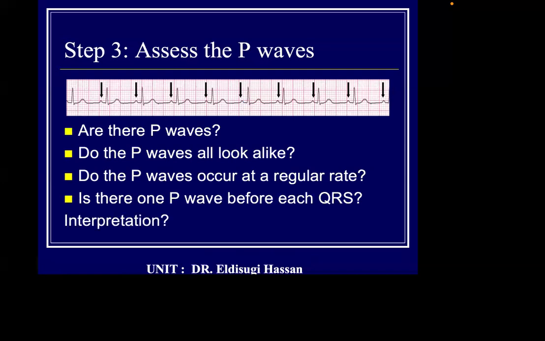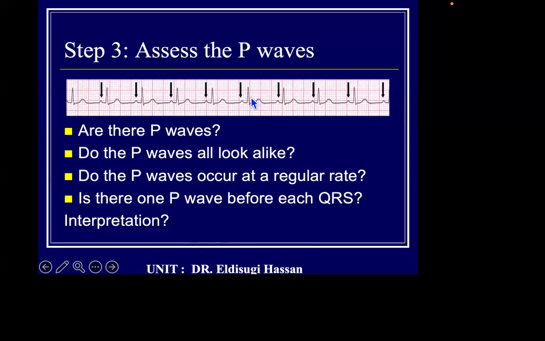Is there one P wave for each QRS complex? You have to count the number of the P waves in the rhythm, and you have to count the number of the QRS complexes in the rhythm. Every P wave should be followed by one QRS complex. If there is an extra P wave or extra QRS complex, this means there is a problem in this rhythm strip.